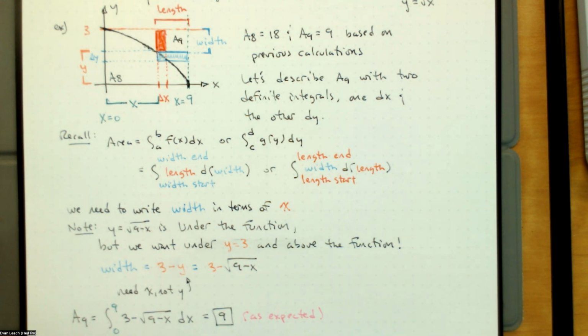That's what we want to be able to do. Set up the definite integral, not just find the area. That makes sense? Finding the area is not the problem. The answer that you type on Canvas and hit submit, that's not the point of the problem. The point of the problem is setting up the definite integral.